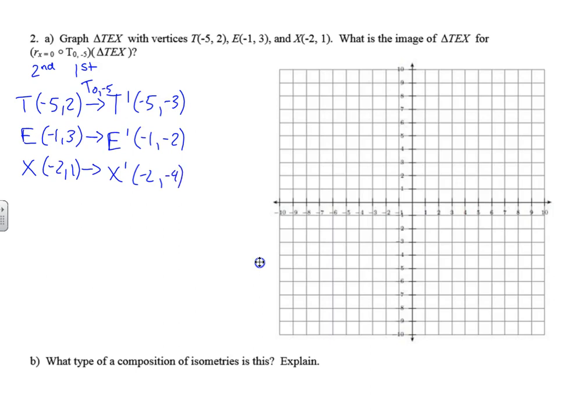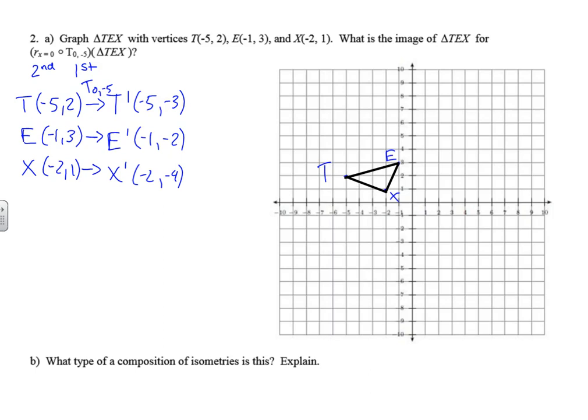All right, so I'm going to go ahead and plot these. So I've got negative 5, 2, that's T, negative 1, 3, that's E, and then we've got X, which is negative 2, 1, X. All right, triangle TEX. So we went and we moved those down.